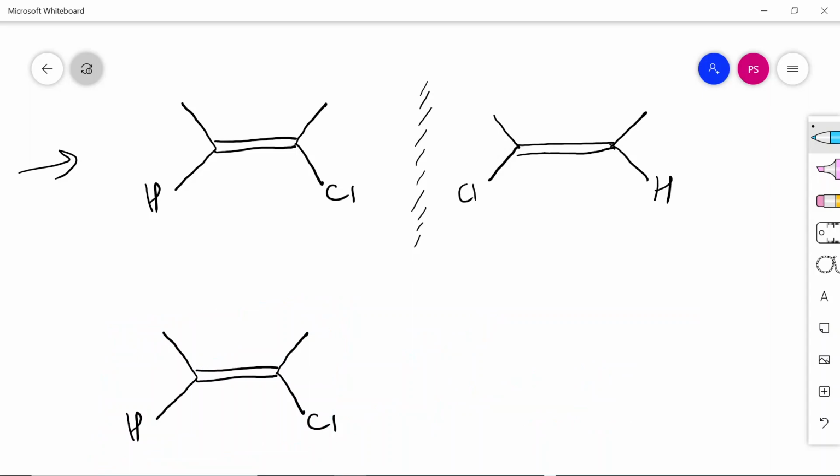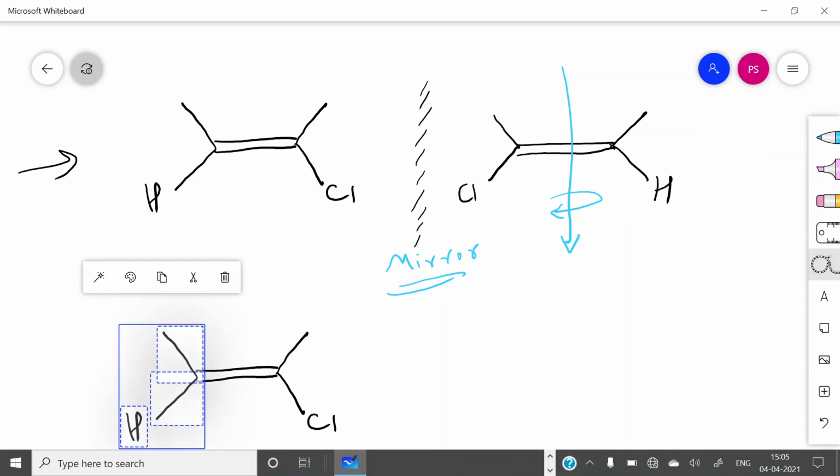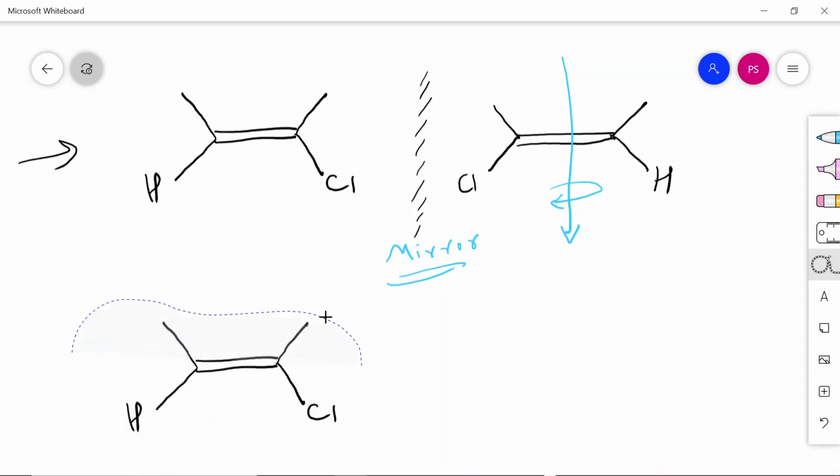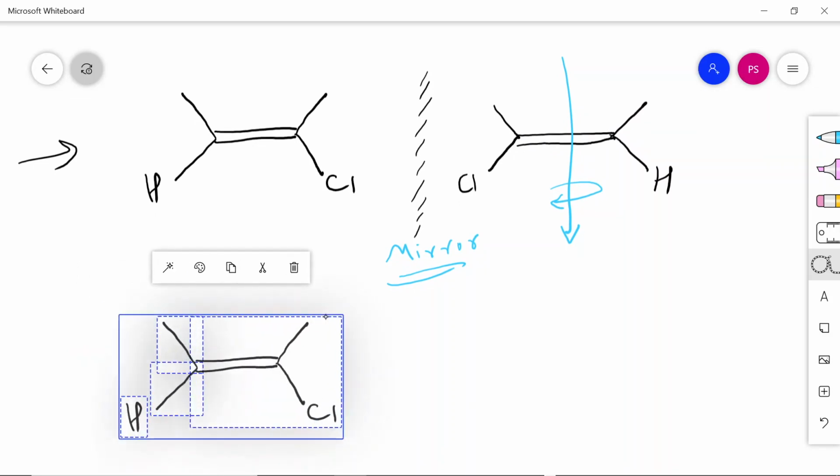Now you can see these two are mirror images of each other. Now I am going to superimpose. Just pass the axis here, rotate the molecule by 180 degrees.